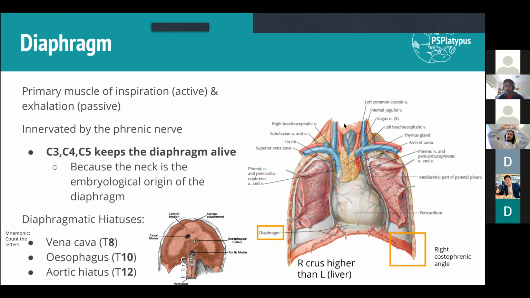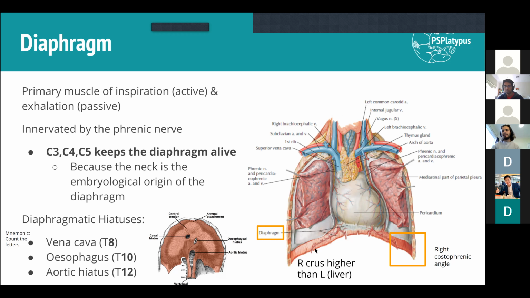And then as the lungs and the organs that are inside the thorax get bigger, they expand, and that expands the thorax down and pushes the diaphragm down with it. And so that diaphragm coming down pulls the nerves that it's innervated by from the neck down. So that results in the phrenic nerve traveling down here and innervating the diaphragm.